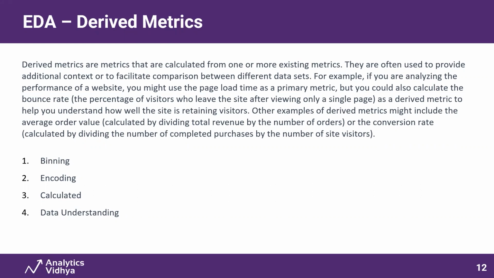Then you can bin the data, basically group the data. That is what I was telling about the age group. So 10 to 15, you can group it as children or teens. Like that, you can bin the data, you can encode the data, you can give some common coding factor to the data, like male and female can be represented as 0, 1, or India, US, you can just represent with some numbers.